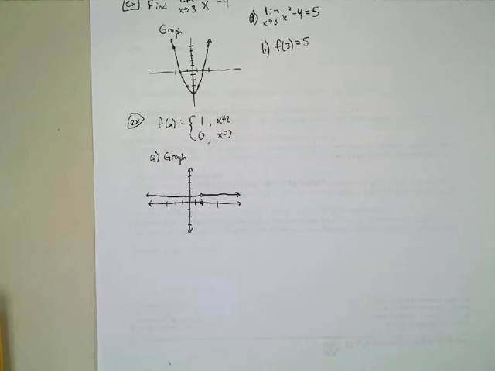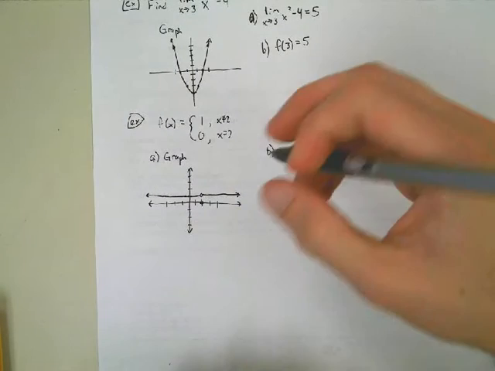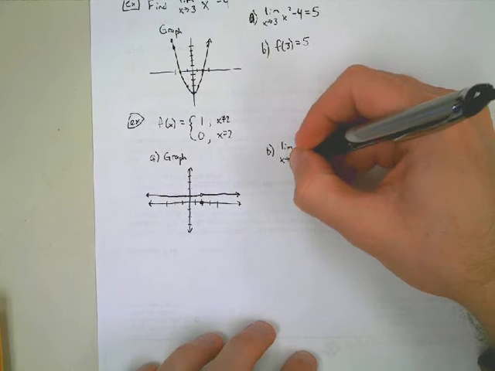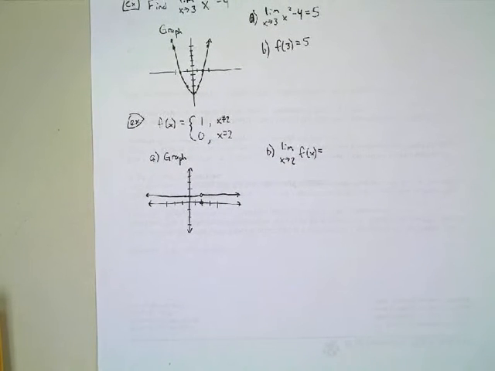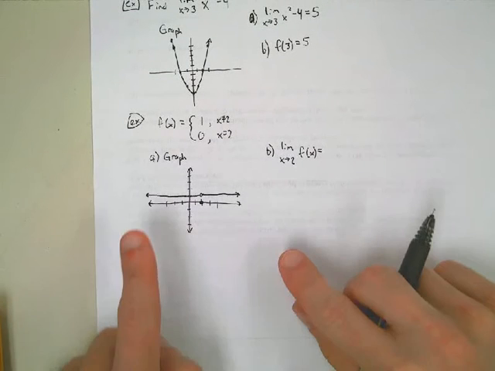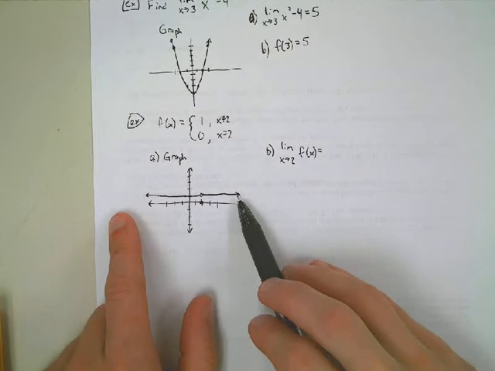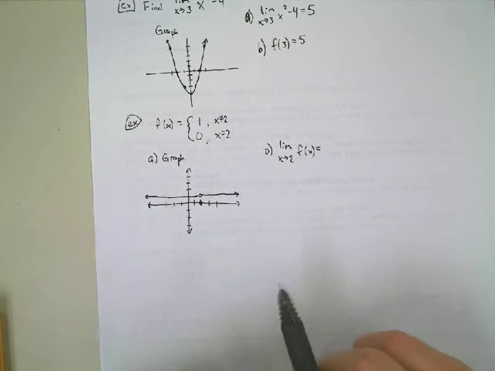Now, what is the limit then as x approaches 2 of f of x equal to? As we approach the x value of 2 from the left, as we approach the x value of 2 from the right, what is the value of the function as we approach 2 from the left and from the right?